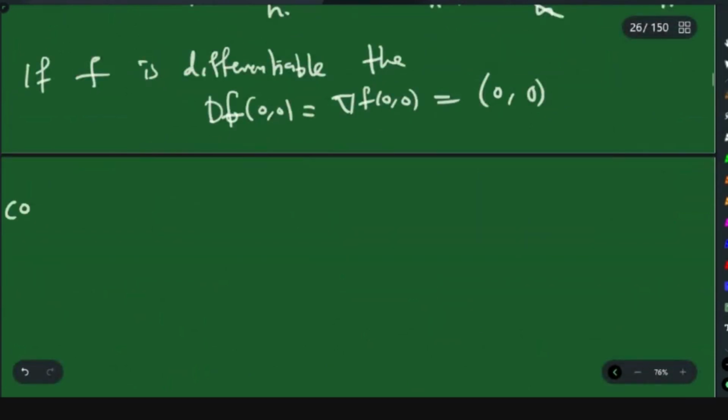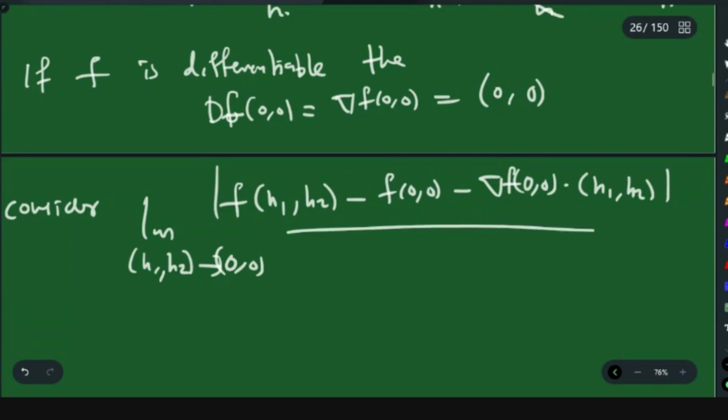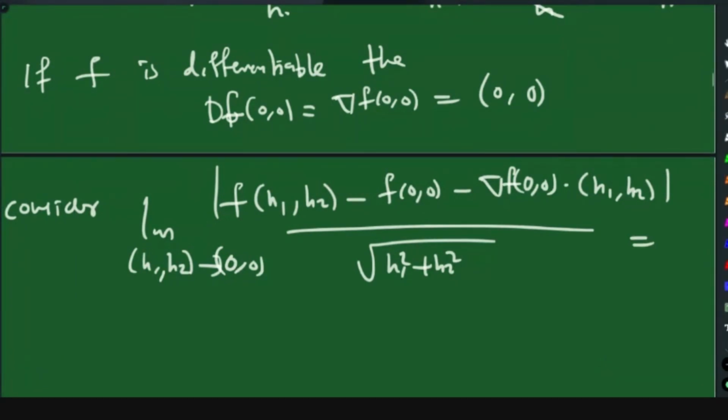Consider limit (h1, h2) going to (0, 0) of modulus f of (h1, h2) minus f of (0, 0) minus del f of (0, 0) dot (h1, h2), divided by root of h1 square plus h2 square. If it is 0, then the function is differentiable. The only thing you need to check is whether this is 0 or not.